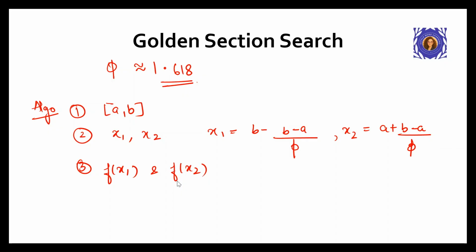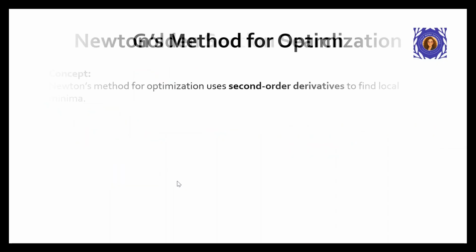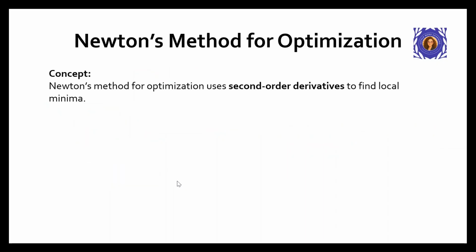And again, the advantage of golden section search is that it is a derivative-free method and more efficient than brute force interval search. Last for the one variable methods is Newton's method for optimization. Newton's method for optimization uses second-order derivatives to find the local minima.